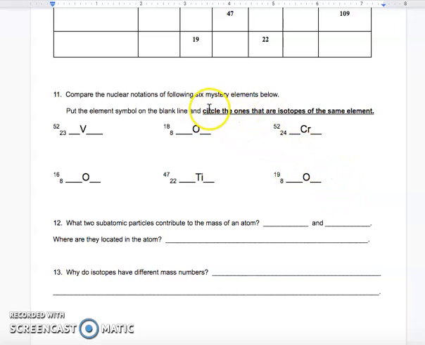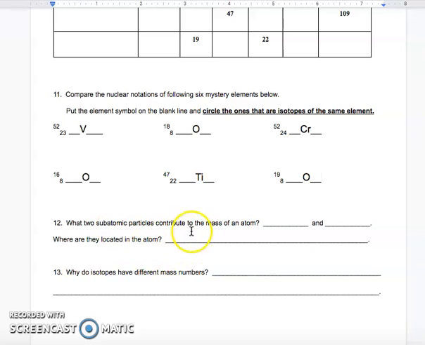The last part, and I can't circle on here, but I'll maybe try and highlight it, circle the ones that are isotopes of the same element. You're looking for which ones have the same atomic number. That happened to be these 3 for us, right? They're all oxygen, so these would be the 3 I'd want to circle. These have different atomic numbers, therefore they are different elements, so they cannot be isotopes of the same element. You will have a question just like this on your test, so be ready for that.